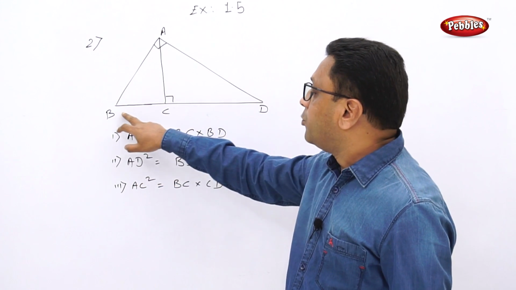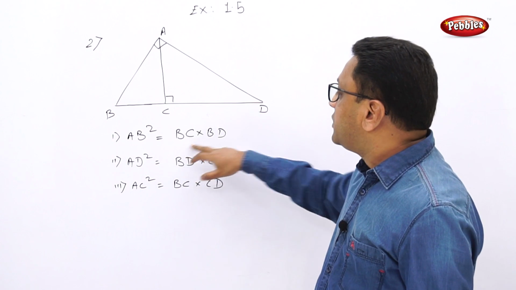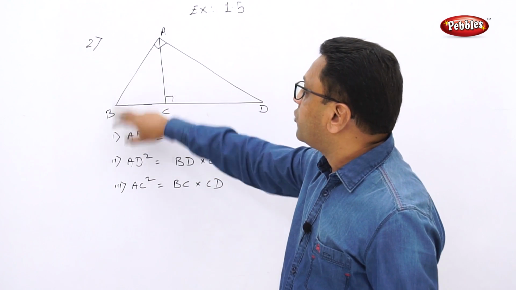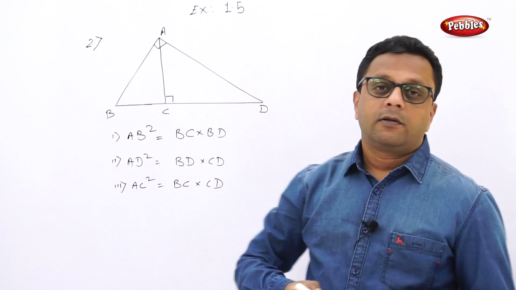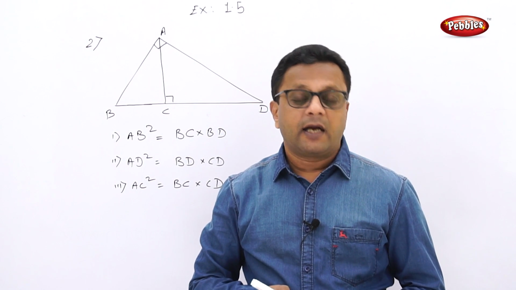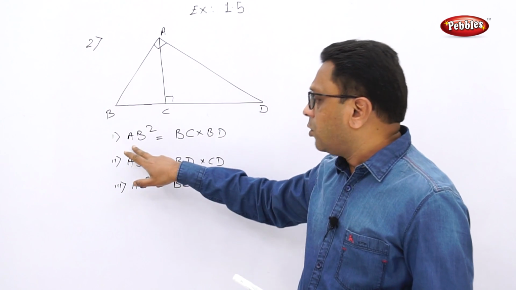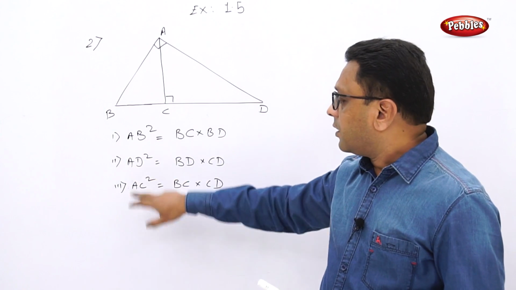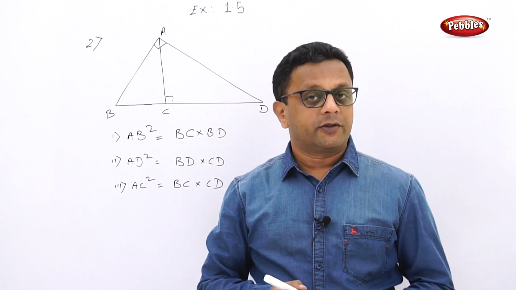When you prove that this triangle is similar to this, then you can easily take the ratios of the sides and prove it. Let us only prove the first and the rest two you can do by yourself.